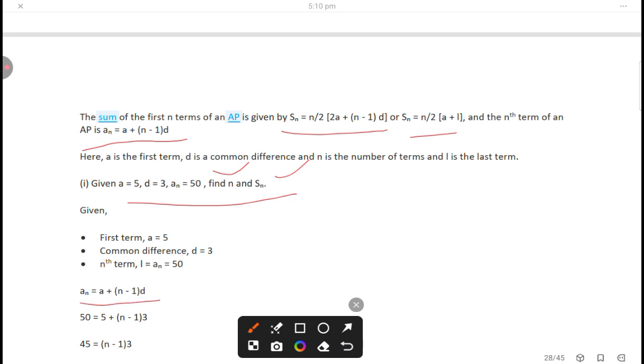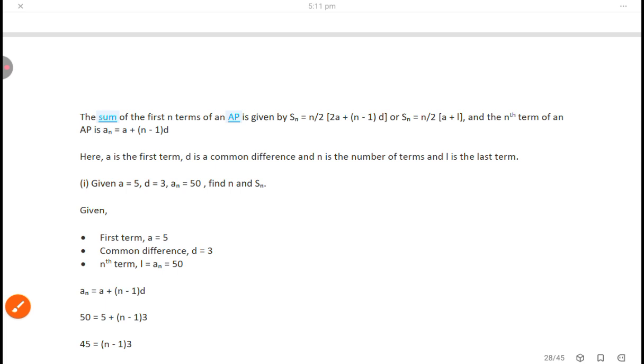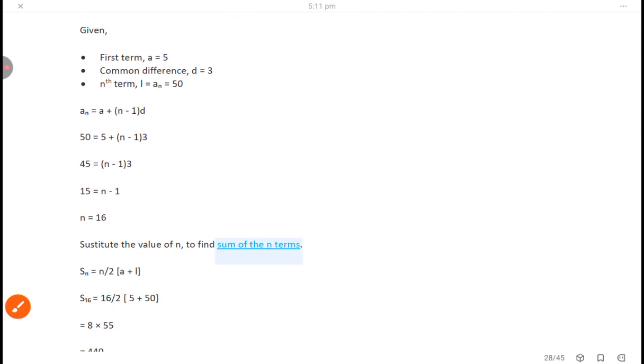With this formula, a plus (n minus 1)d equals an. You know an is 50, you know a is 5, n you have to find, you know the d. So n is equal to 16.